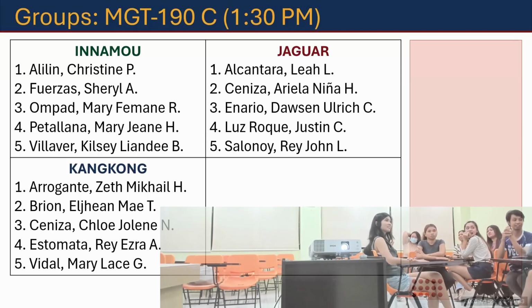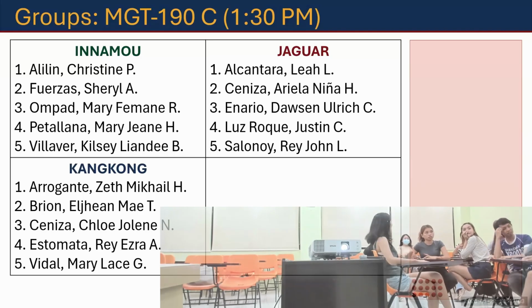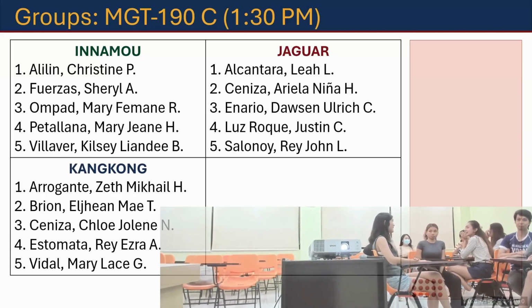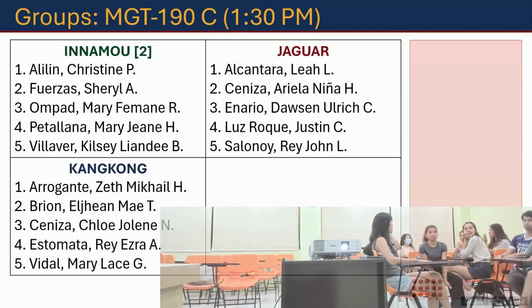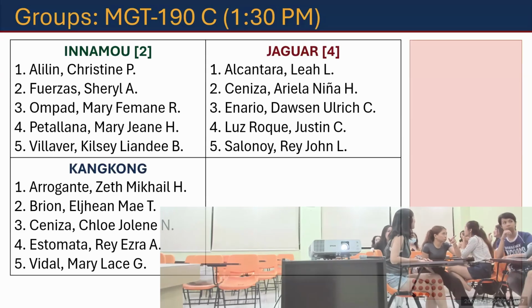Yes, but all of you still have to be there because you need to evaluate the other team. Four. Yeah, the biggest bonus would be a... So Inamo is 2, Jaguar is 4, and Kangkong is 3.